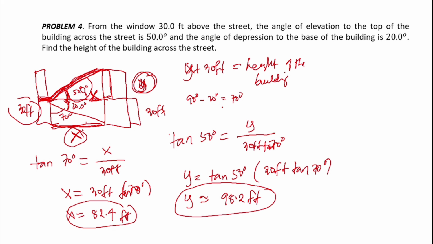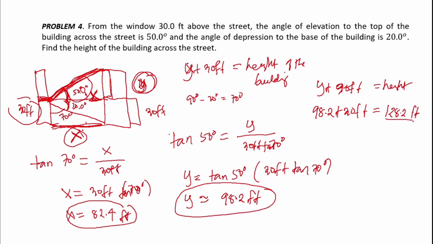So we have here the value for y. So y plus 30 feet is the height of the building. We have 98.2 plus 30 feet. If we compute that, that is 128.2 feet.